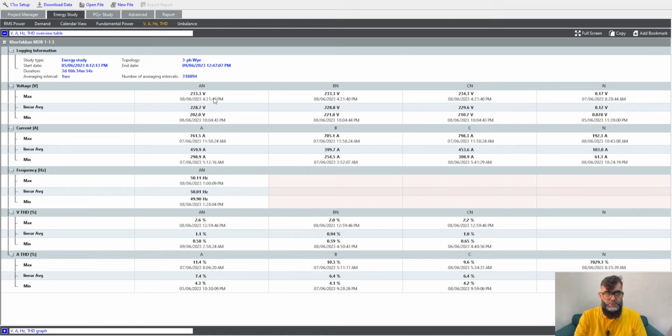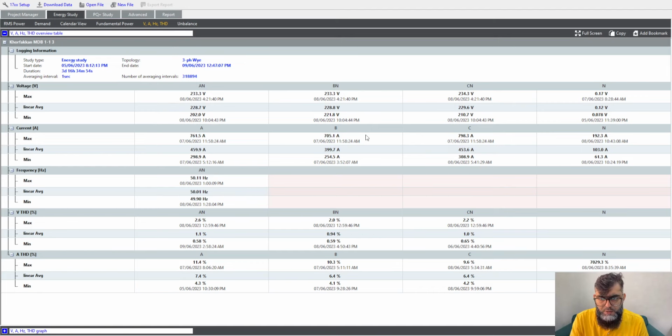Let's stick to the red phase and have a look at what this is trying to tell us. The maximum voltage recorded during the 3-day study was 233 volts, and the linear average was 228, but if you look at the minimum, there was a significant dip when the voltage came to 202 volts.